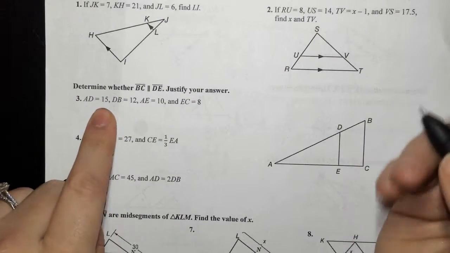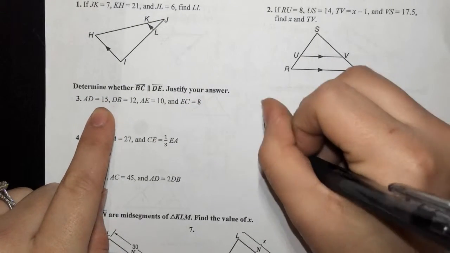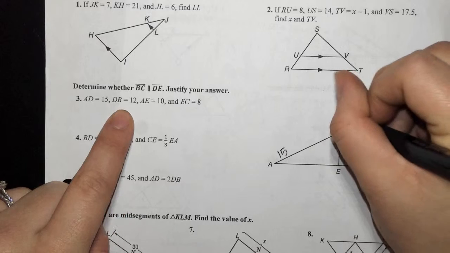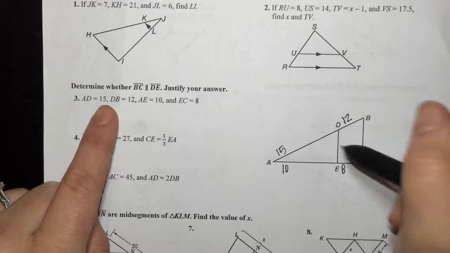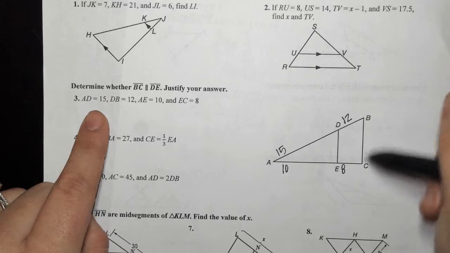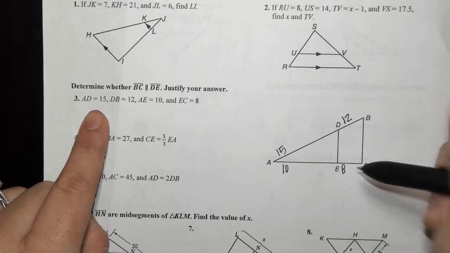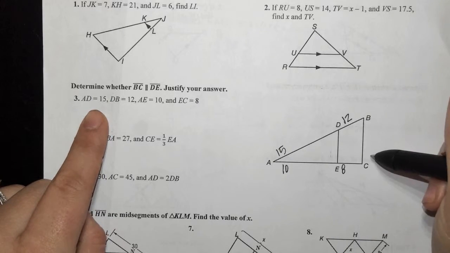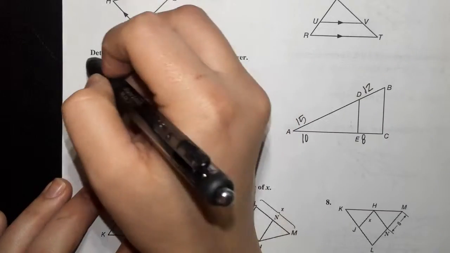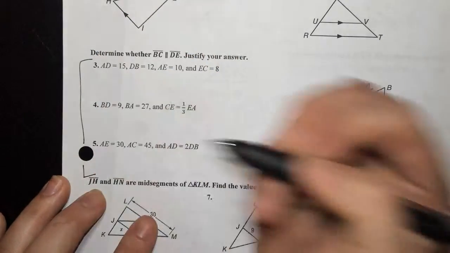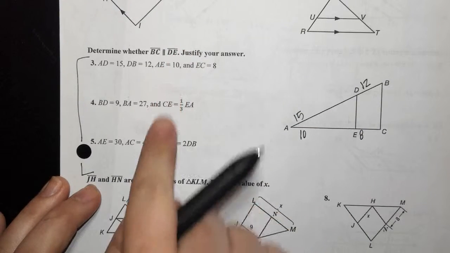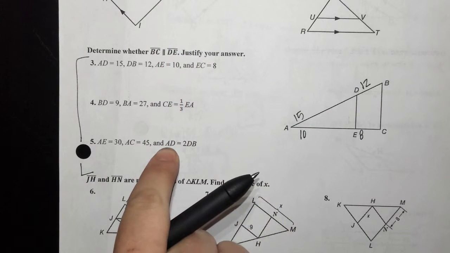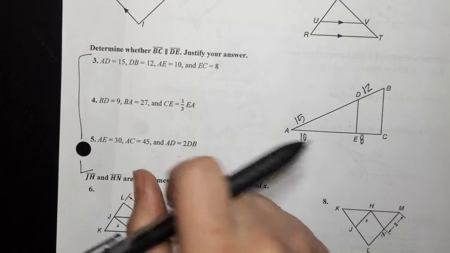So on number 3, if you have AD is 15, DB is 12, AE is 10, and EC is 8, you can determine whether DE and BC are parallel. Because if they're proportional, then they're parallel. So that's what you're doing on 3, 4, and 5. I want to know, are these two parallel? And it can change from question to question. Does that make sense? Okay?